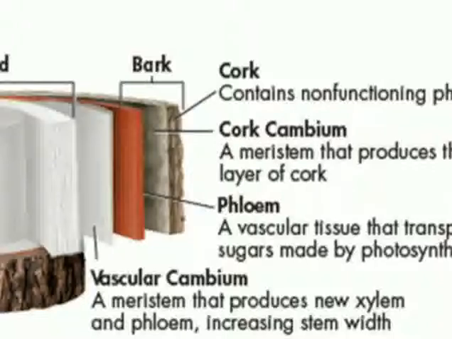The cork is impervious to water because suberin gets deposited in these cell walls. The cells of the secondary cortex are parenchymatous. Now phellogen, phellum and the phelloderm are collectively known as the periderm, which is the replacement of the epidermis and cortex of the primary tissue.